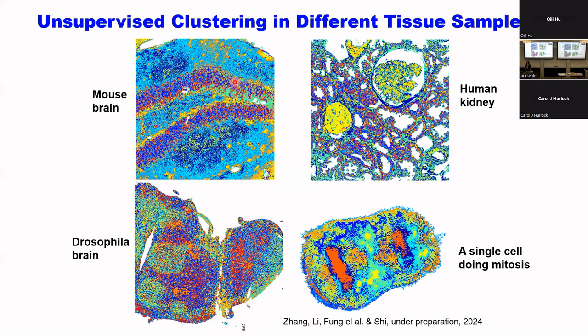You can say it's molecular composition, and automatically you can see different cell groups. In the human kidney it's the same. And in the single cell that is doing mitosis, that means a single cell that is dividing, on the lower right side, it's dividing but not divided yet. At that moment, we take a snapshot.